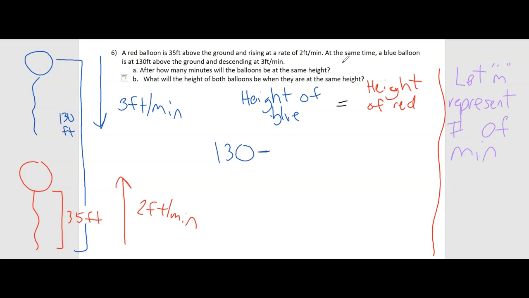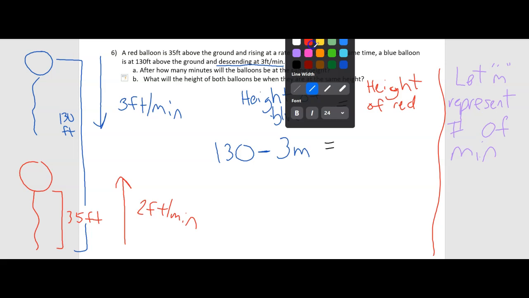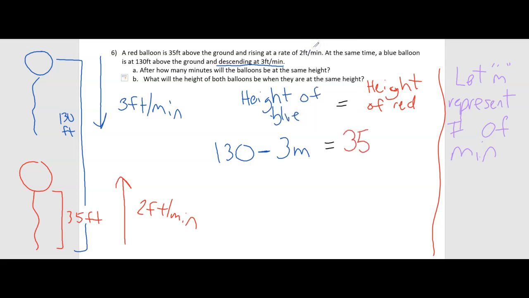All right, so keyword here is the blue balloon is descending at 3 feet per minute. So we're subtracting 3 feet every minute, or 3 times m. So 130 minus 3m. The height of the red balloon, well, we start at 35, but then we're increasing that height. So we're saying plus 2m, or plus 2 feet per minute.